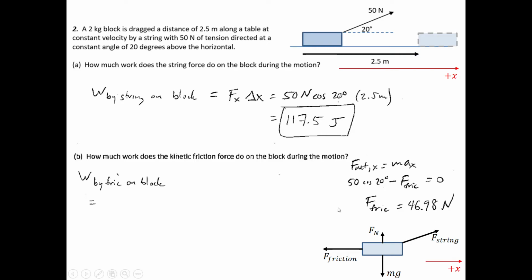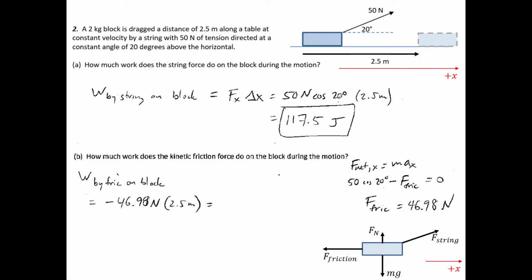Okay, back to the question. How much work does the friction force do during the motion? Well, in this case, again, we're going to use that formula Fx times delta x. In this case, we want the x component of the friction force, and that's negative. The magnitude of the friction force is 46.98, but its x component, when we're using this formula, is minus 46.98 newtons, and the delta x, again, is 2.5 meters.